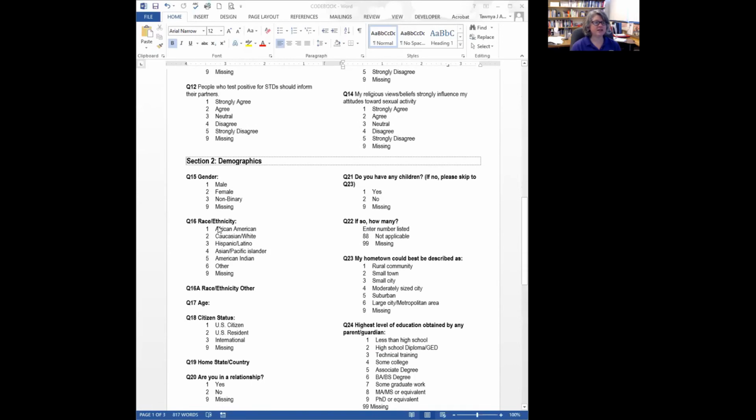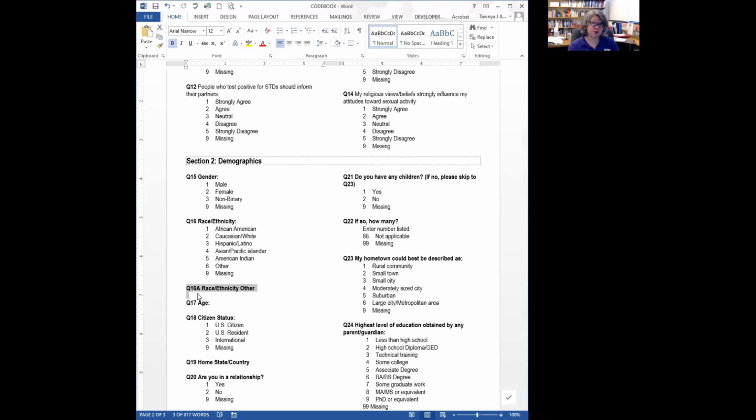Notice for the race and ethnicity question here, there's that 6 category where we're assigning the number 6. And then there's an extra little thing in here, so 16A. What we've done with 16A is if somebody marked other and then wrote in that line some other racial ethnic category, then that's where we would type that in.